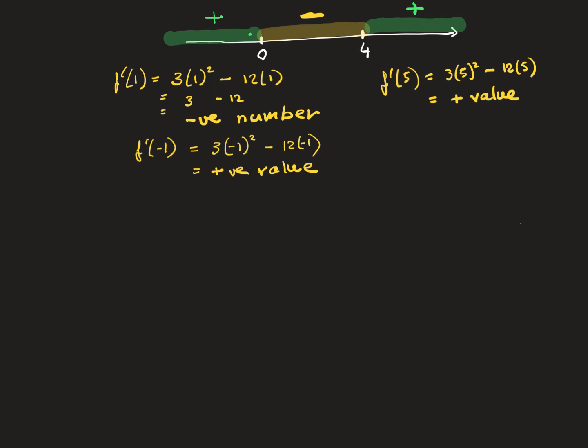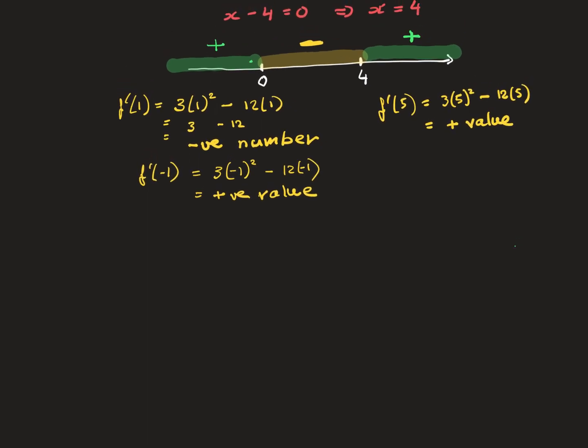Now, to finish off any of these questions, they usually ask you where the intervals for increasing and decreasing function are. Well, having done the sign diagram, we can now say that the function f(x) is increasing when x is less than or equal to 0, and when x is greater than or equal to 4.